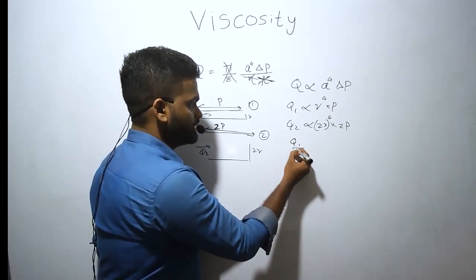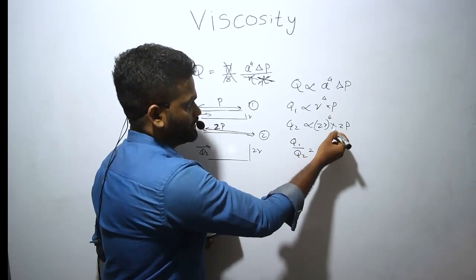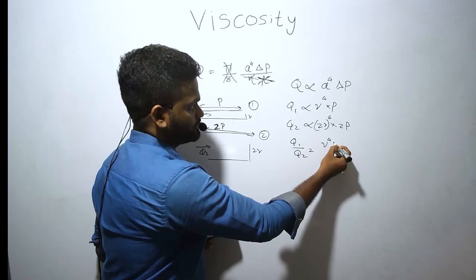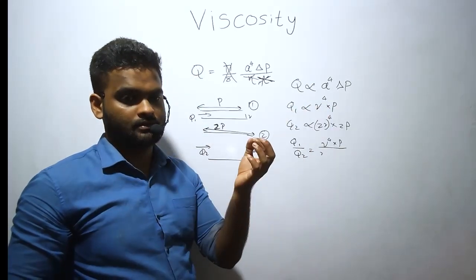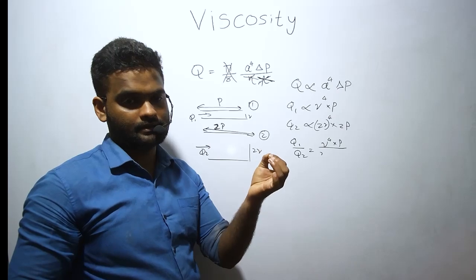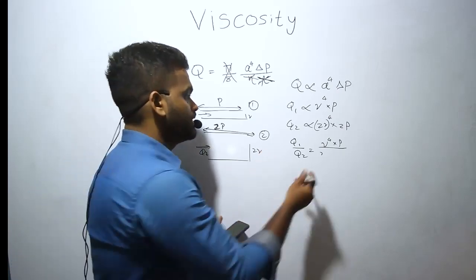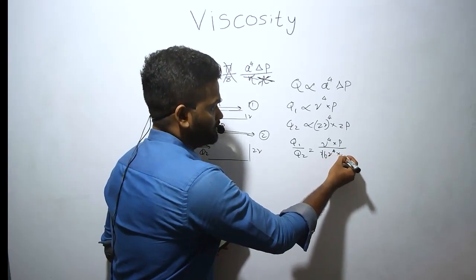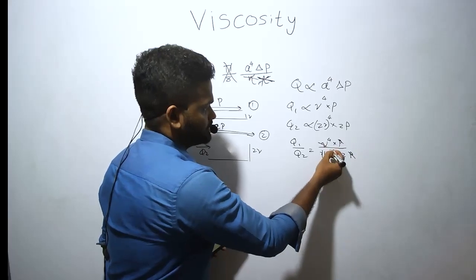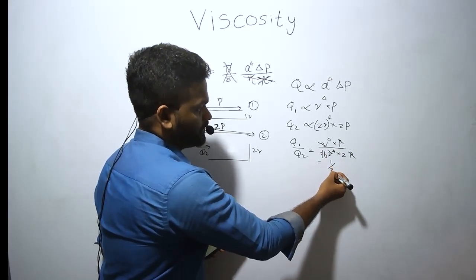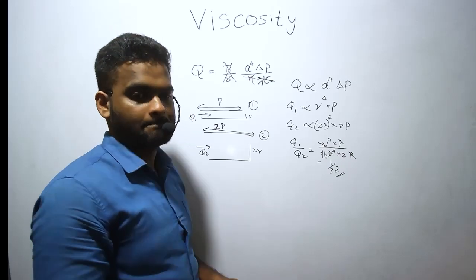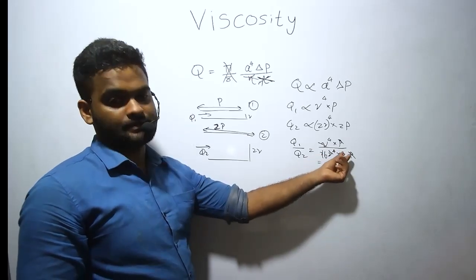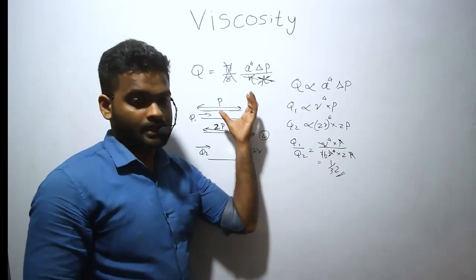That is Q1 divided by Q2. 2R to the power 4, what is that value? 2, 4, 8, 16, right? 16R to the power 4, 2P. P cancels off. 1 over 32. Fourth one. 16 times 2, 1 over 32.